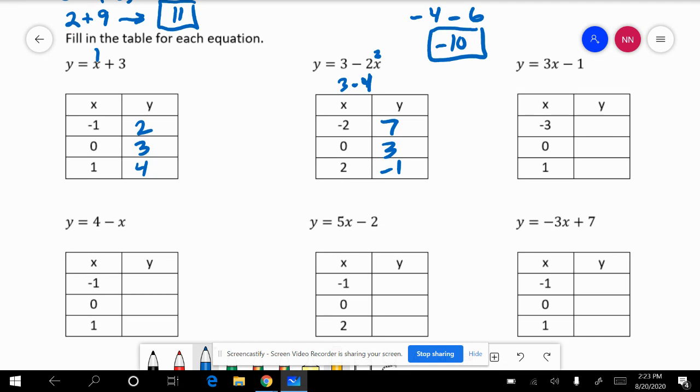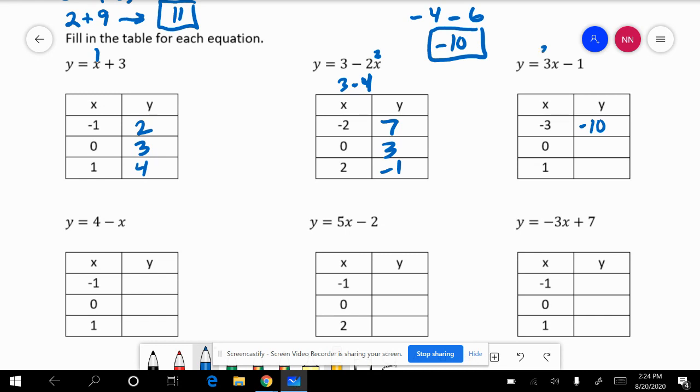Now looking at the third one, we're going to take the negative 3. We're going to plug it in for the x. We're substituting it in. This right here means multiplication. 3 times negative 3 is negative 9. Minus 1 is negative 10. Then we're going to plug in a 0.